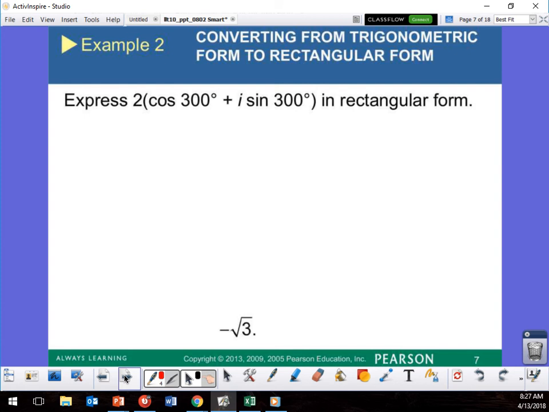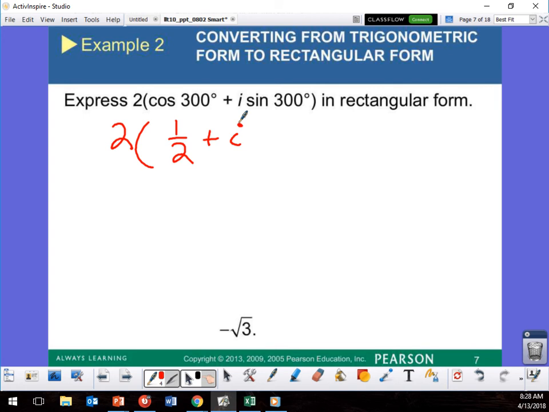Okay. Cosine 300 is what? 1/2. Plus I. Now, what is sine 300?